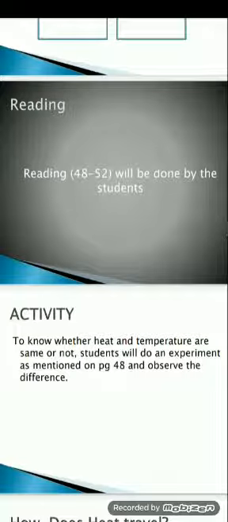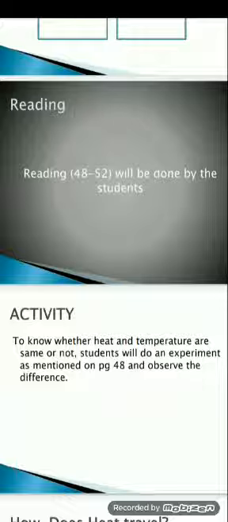To understand this concept, you will be doing an experiment which has been given on page number 48 of your textbook. On this page, you will find that there are two glasses, glass A and B. Both glasses A and B have different amounts of water, but their temperature is the same, that is 50 degrees Celsius.